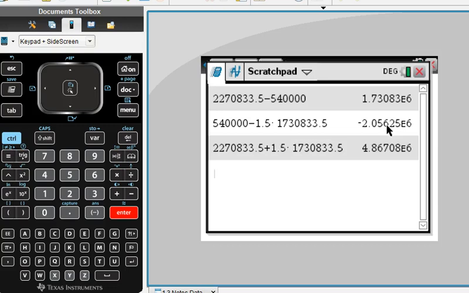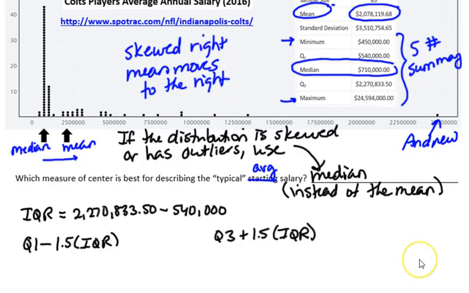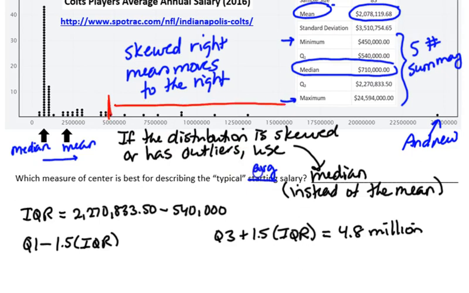Now we do have a number of salaries that are bigger than 4.8 million. So if I go to my Colts data, 4.8 million is kind of in this general area right in here. So maybe any of these values here would be considered outliers. So there are quite a few outliers.